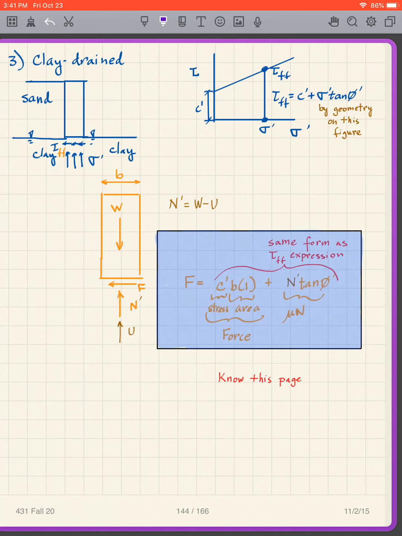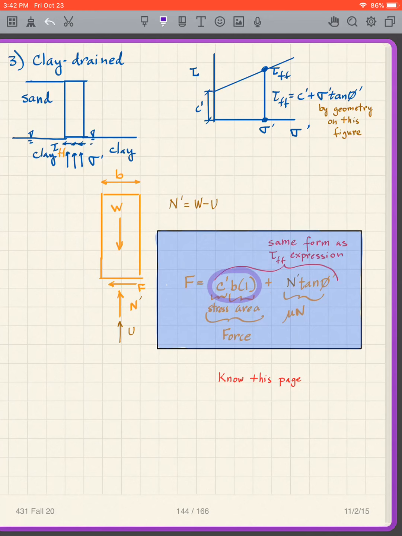And then I have sort of the combination of the two that I just previously did, which is we're going to have the C prime times B times 1.